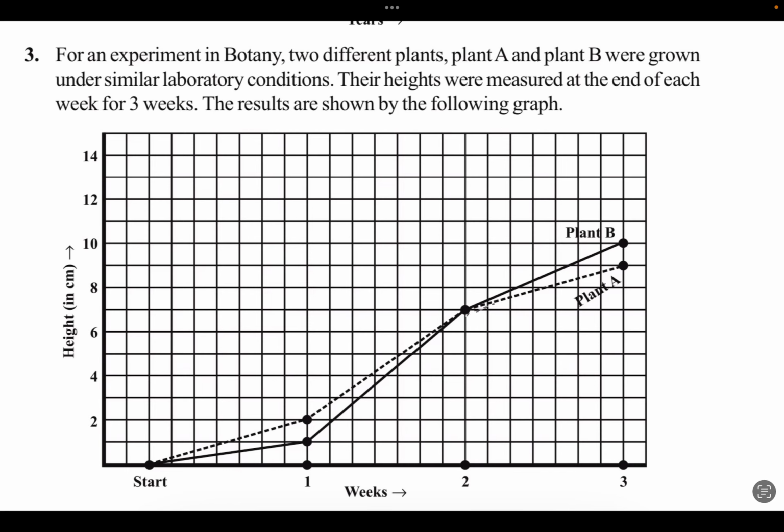And in the third week, it is from 7 centimeters to 10 centimeters. Plant A: this is the first week, this is the second week, and this is the third week. In the second week plant A has grown from 1 centimeter to 7 centimeters, and in the third week plant A goes from 7 centimeters to 9 centimeters.